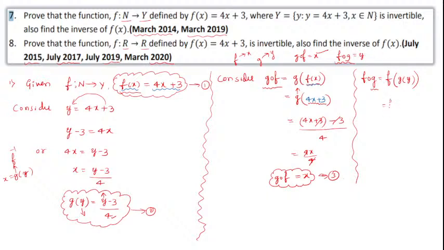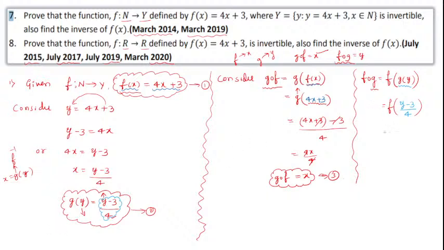That is equal to f of, so here in place of g of y you have to write the value of g of y. Clear? So look here, what is g of y? It is (y minus 3) divided by 4, clear? So g of y is nothing but you have to write (y minus 3) divided by 4. Next step, see what I'm going to do here.